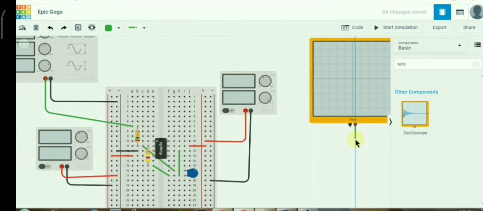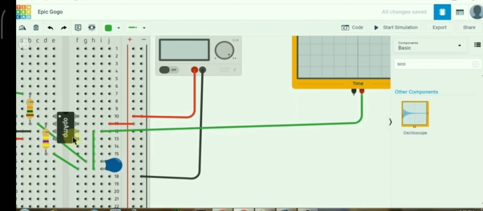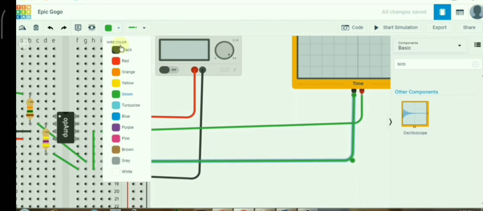For the output scope, connect the positive of the scope to the pin number 6 of operational amplifier. Here pin number 6 is connected to the output of the scope and negative terminal to the ground. Change color to black.